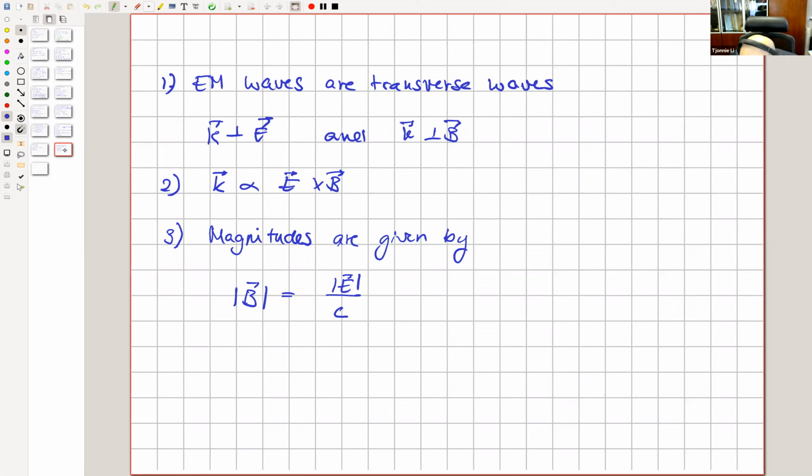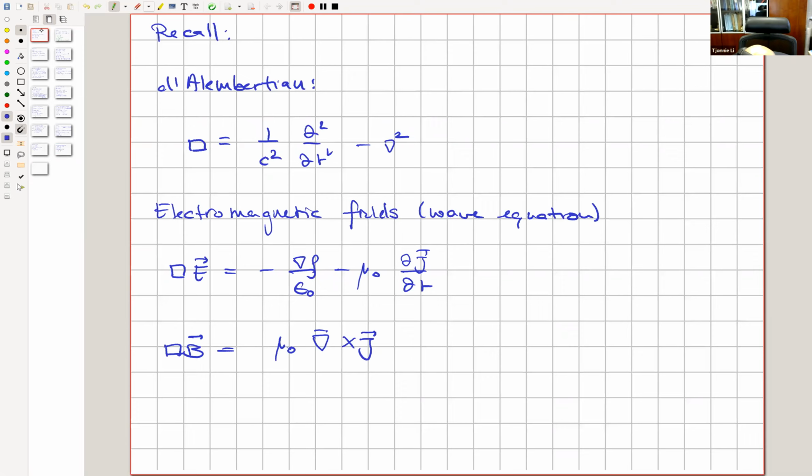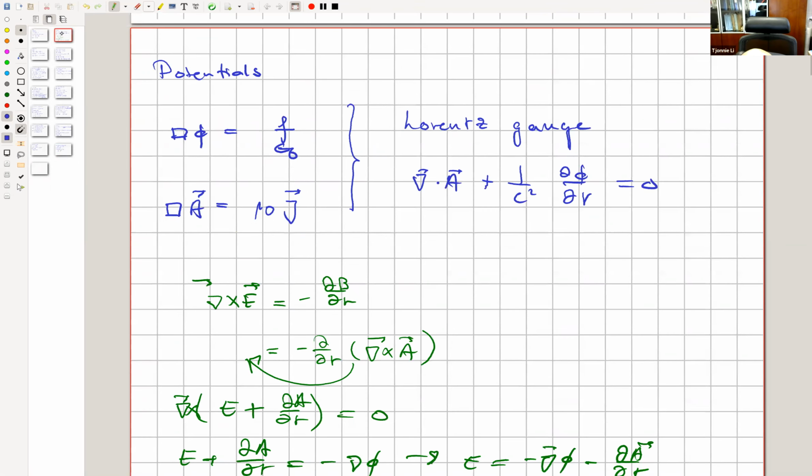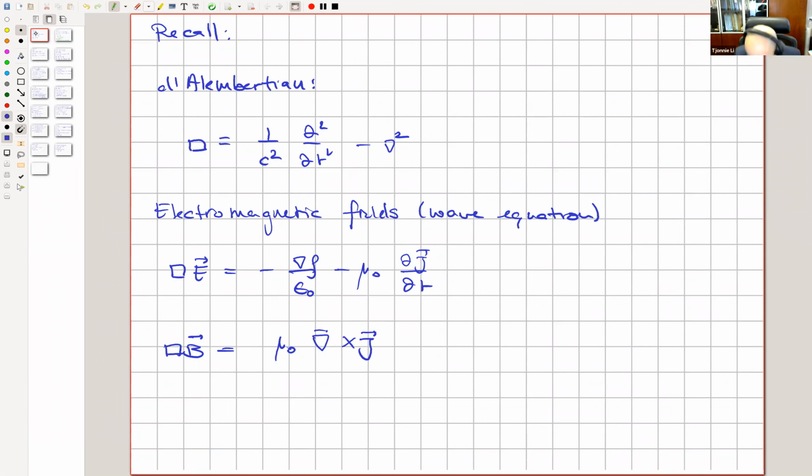And we have the final one. We actually have to go back all the way to the wave equation here. I actually never wrote it down. Okay, so in this case, yes, the wave equation here, with the identification that epsilon naught is 1 over c squared.